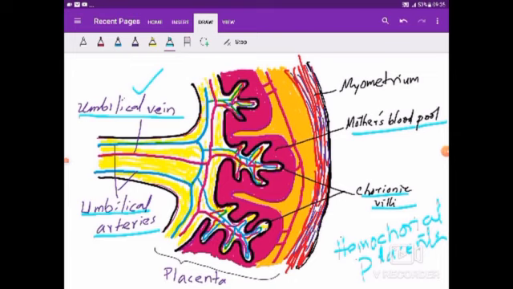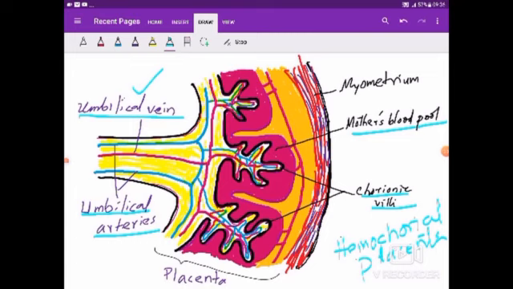The placenta also allows some of the antibodies, especially antibody G, which are produced in the mother's blood, to enter into the fetal blood and protect the fetus from infections.